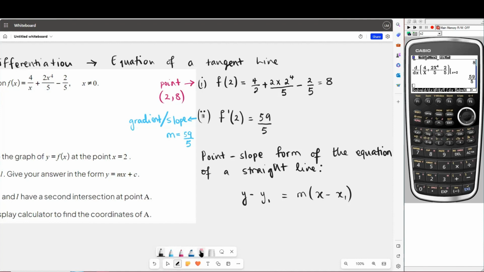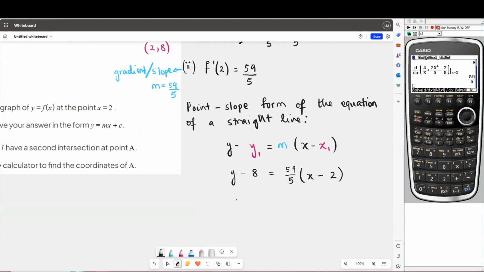Remember, m is your slope, and you get x1 and y1 from the point that we got in the first question we worked out. So that's x1, that's y1. That's where you get them from. So let's substitute them here. It's going to say y minus 8 equals 59 over 5 times x minus 2.